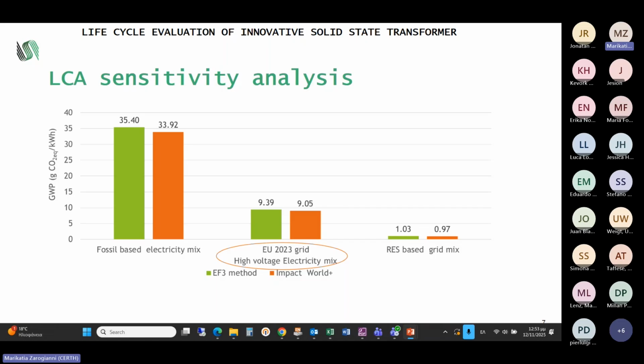Since the transformer is designed for use in RES, the analysis evaluates how varying the energy mix, comparing the European energy mix 2023, the fossil-based electricity mix, and the RES-based grid mix, affects the environmental impact. The focus is primarily on global warming potential, and this highlights the influence of the energy source on the overall sustainability of the system.